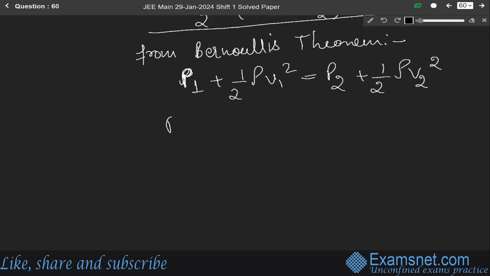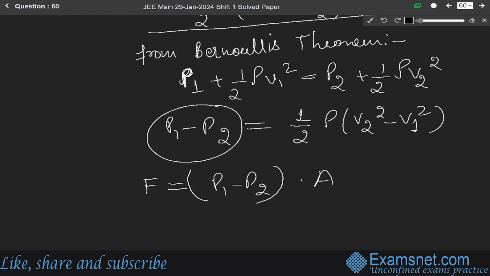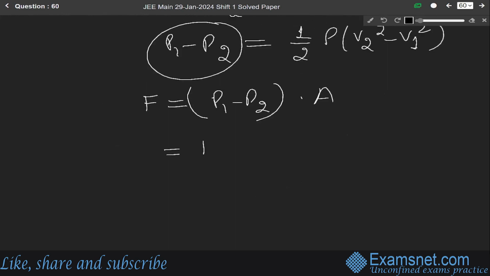So P1 minus P2, the difference in pressure, will be equals to 1 by 2 rho V2 square minus V1 square, and force equals to difference in pressure into area. So it will be equals to 1 by 2 rho V2 square minus V1 square into this area.